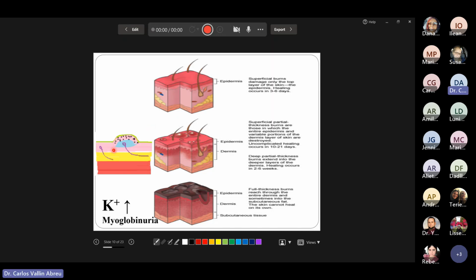The deep dermis is not affected, only part, partial. That's why it's called partial thickness.